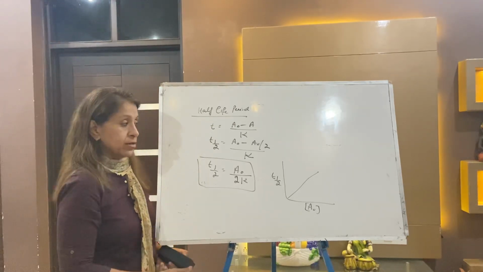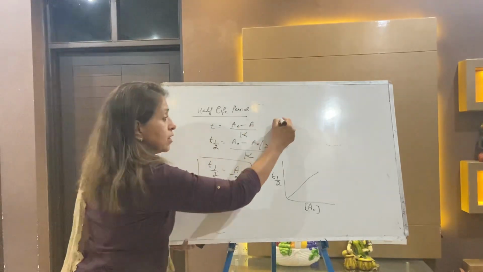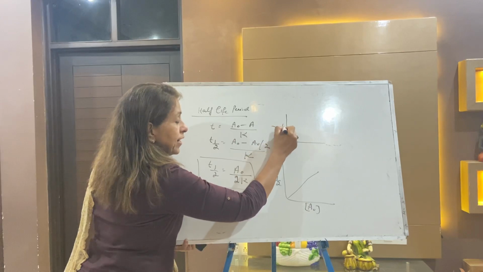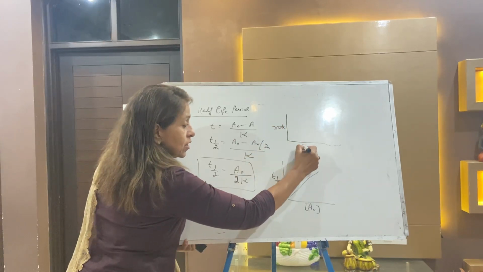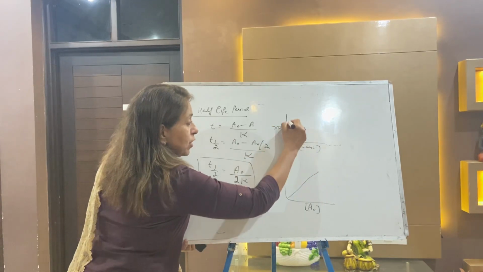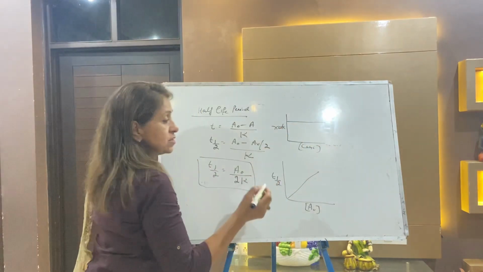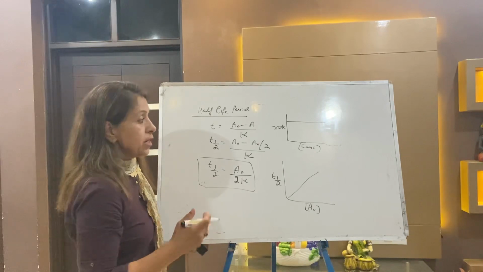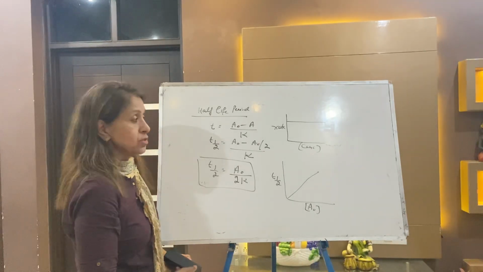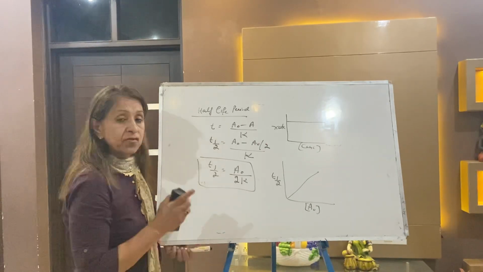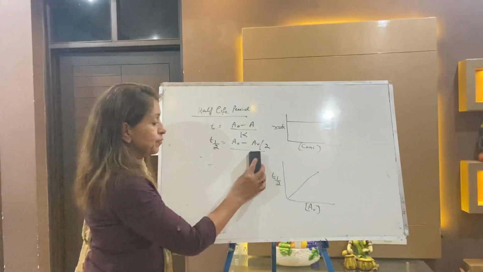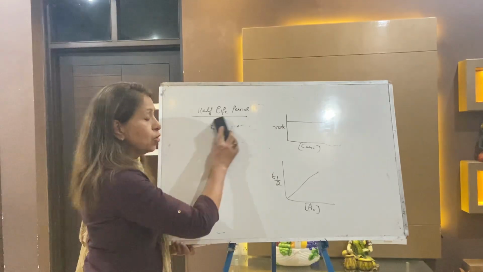But if you make a third graph with rate on the y-axis and concentration on the x-axis, the graph will be parallel to the x-axis, that is, independent. Rate of the zero order is independent of the concentration, but the half-life of the zero order always depends upon the concentration. So this is all about the zero order reaction.